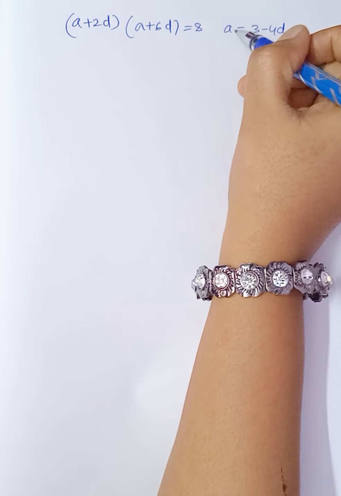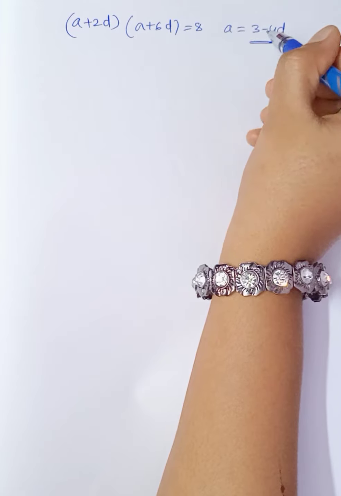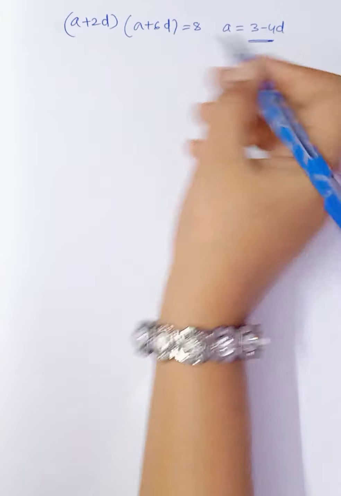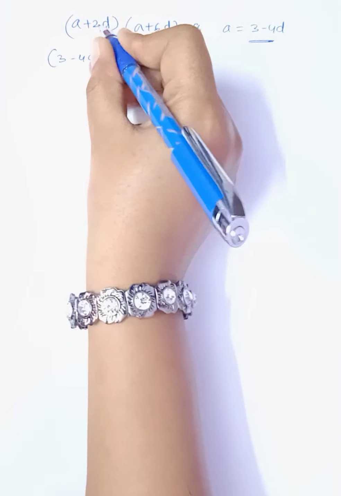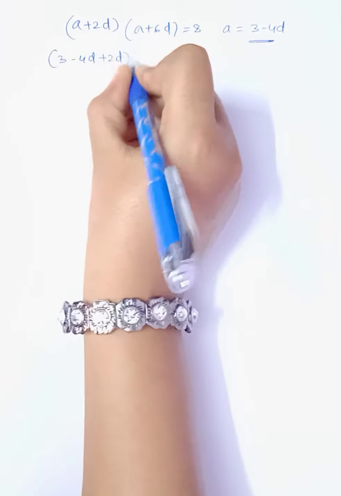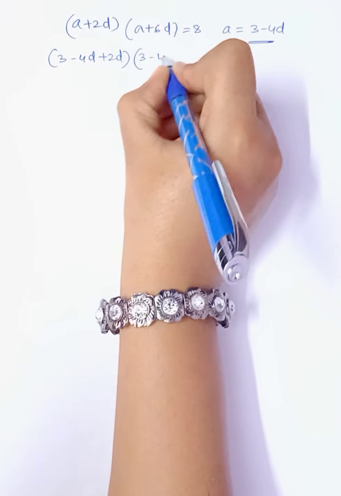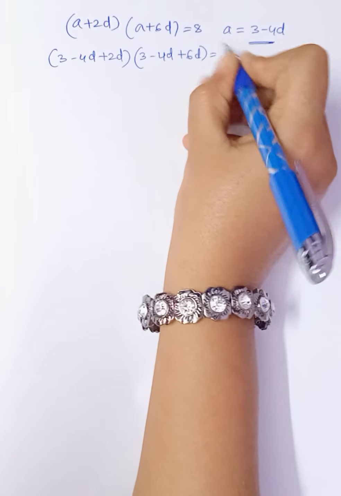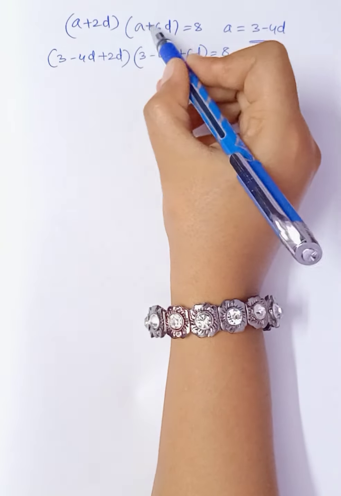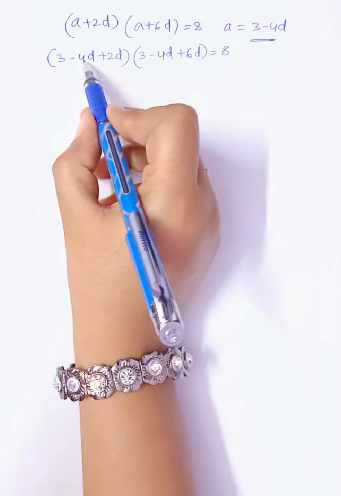Now what I am going to do is substitute the value of a here, in place of a. So a is 3 minus 4d, so substitute here. It is 3 minus 4d and this 2d as it is. And here 3 minus 4d plus 6d, which is equal to 8. Both the sides I have substituted the value of a. Now calculate this now.